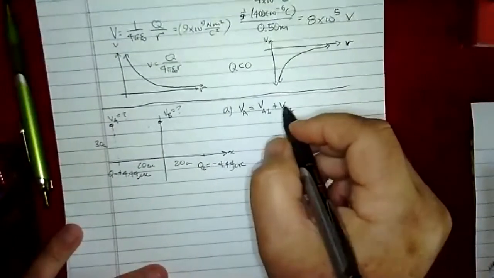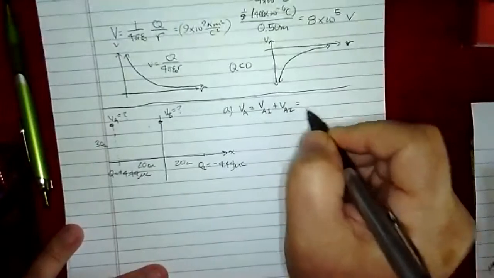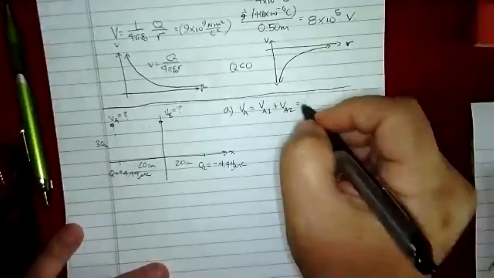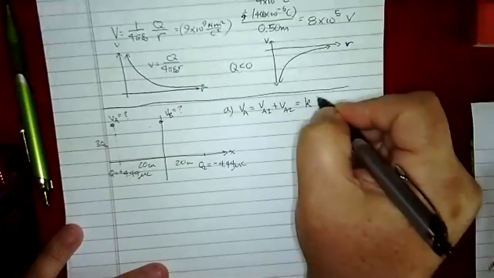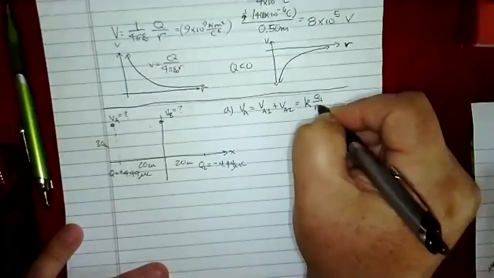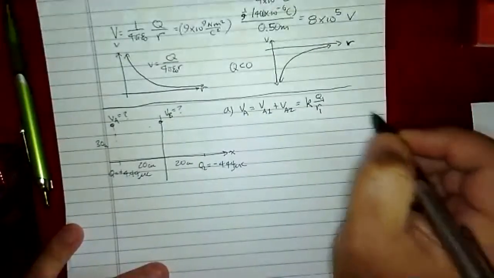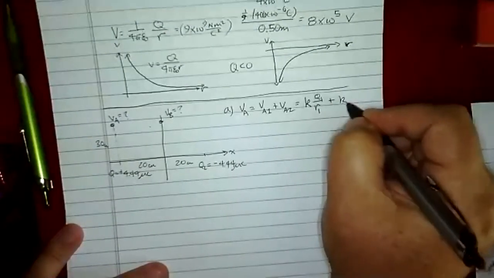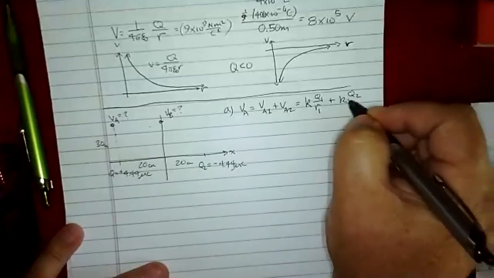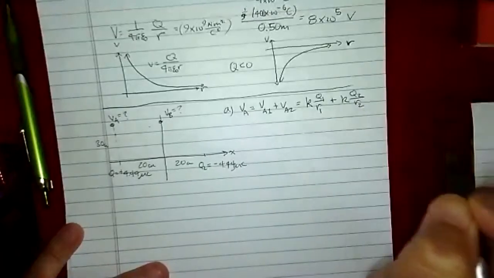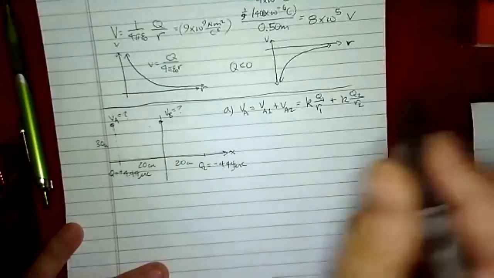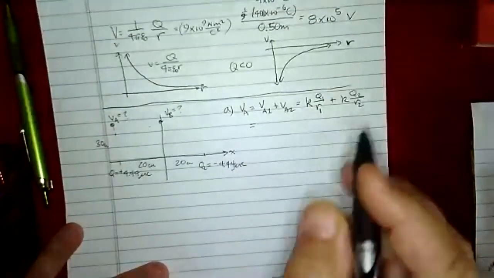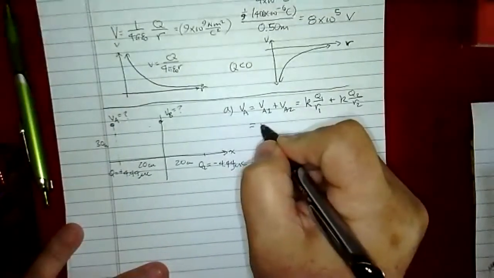So the voltage at A is actually equal to K Q1 over R1, and the voltage at A due to 2 is K Q2 over R2. Well, we know K. I'll factor that out.